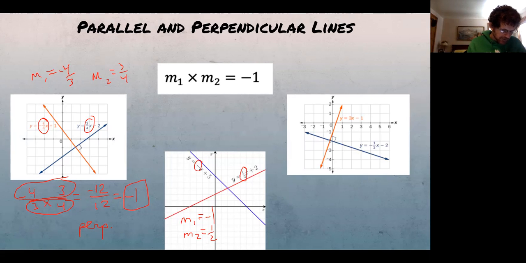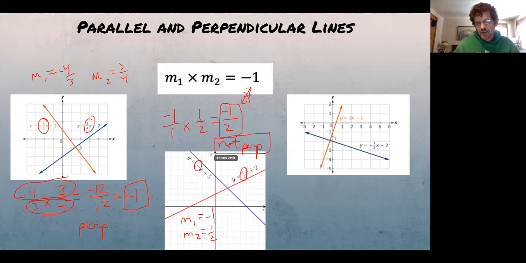So at this point, I can multiply them together. -1, let me write as -1/1 times 1/2. And multiplying across, I get -1/2. Okay, that is not -1. So therefore, we can say that these are not perpendicular. They're not parallel, they're not perpendicular, they're just 2 intersecting diagonals.